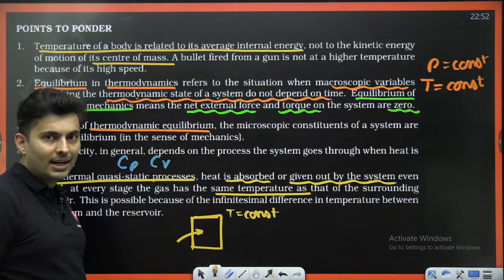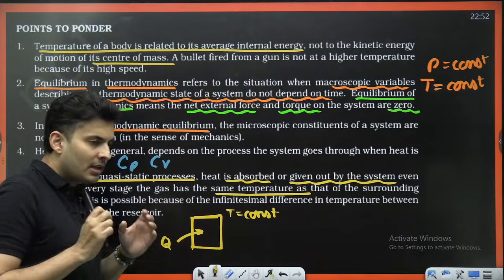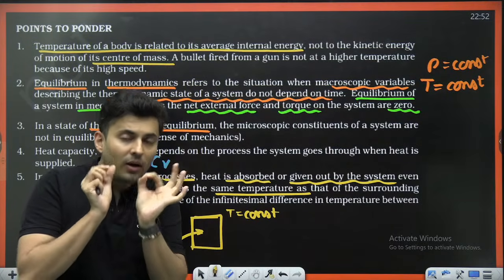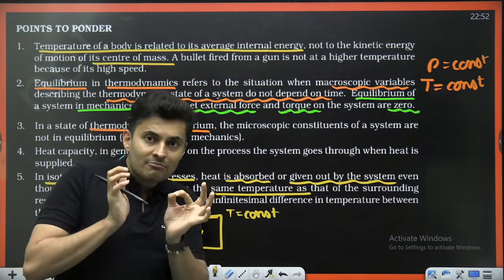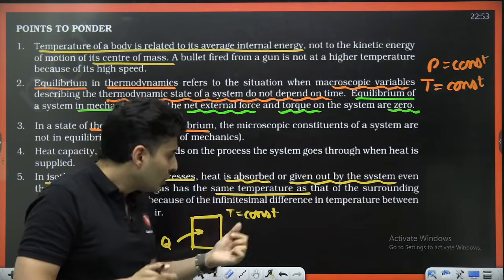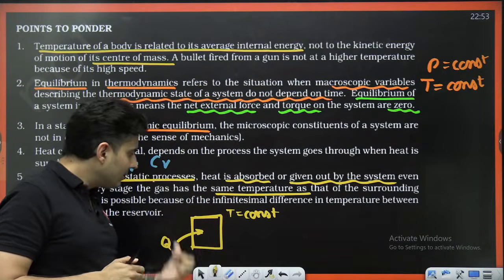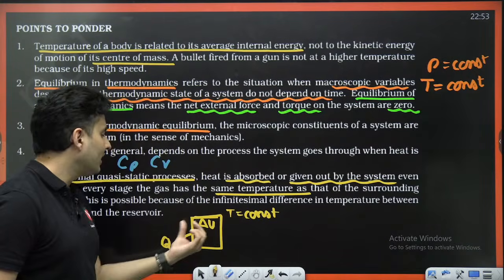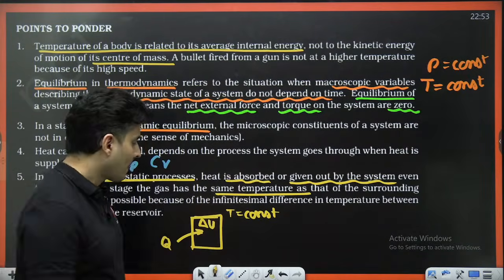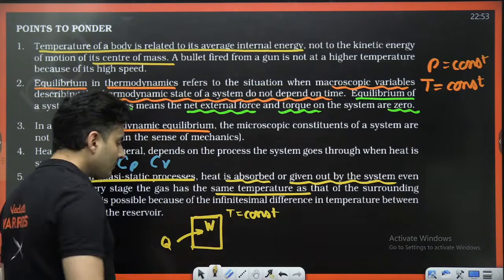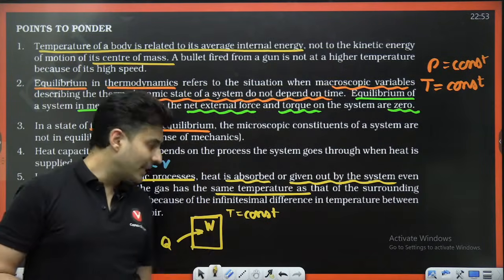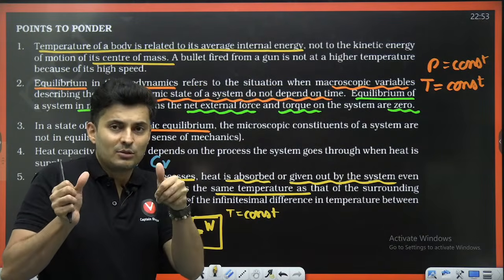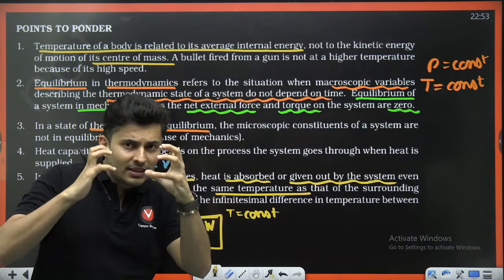The reason is that when heat is supplied, the system adjusts itself in that small time and reaches equilibrium to come back to the same temperature. In that process, all that heat goes into work done by the system, not delta U. So you are supplying some heat that is converted to work and the system balances itself in that small time.